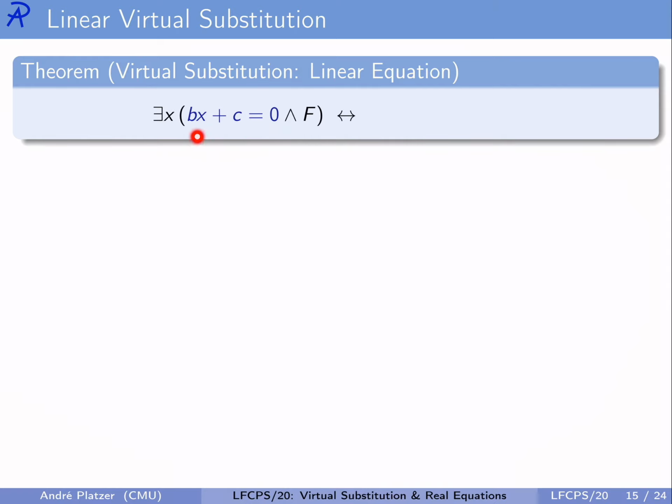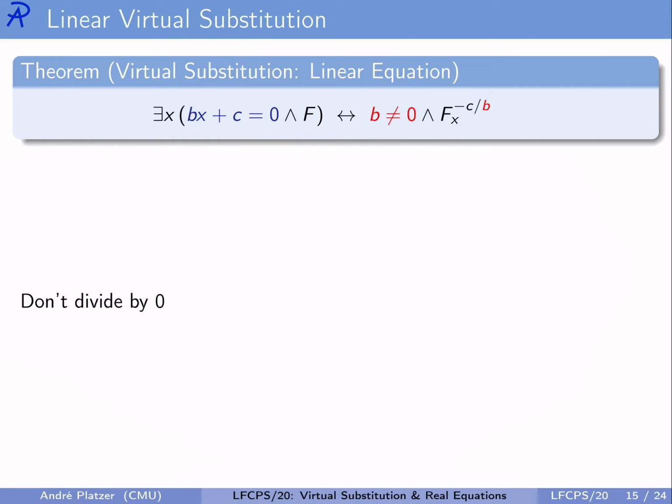In particular, the whole formula is true if and only if this one unique solution for this equation plugged into f works. So that means if we substitute the solution minus c over b for x in f, then we found a formula that is equivalent to the question whether there is an x such that the linear equation in f is true.